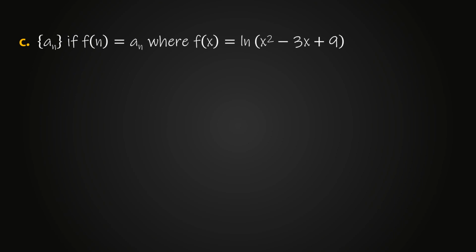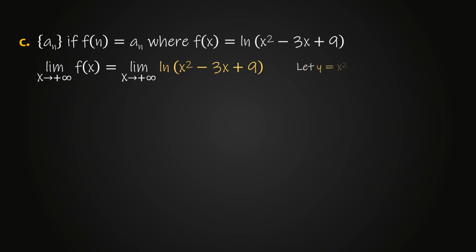C. The sequence of sample values of a composite function. First, find the limit of the given function. Use change of variables. Let y equals x squared minus 3x plus 9. As x approaches positive infinity, the quadratic polynomial approaches positive infinity.